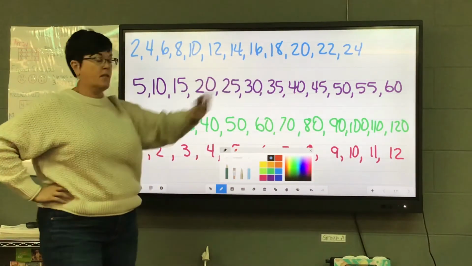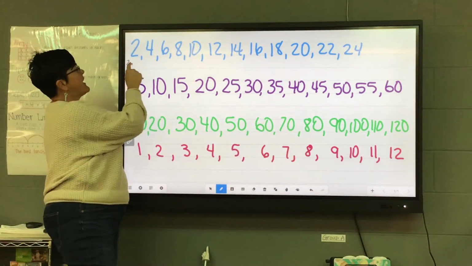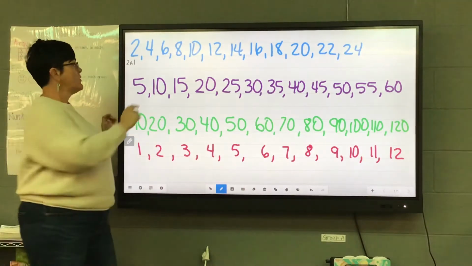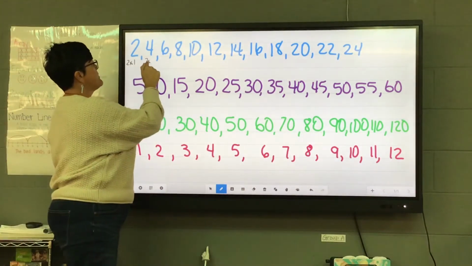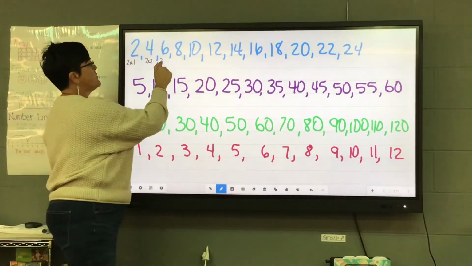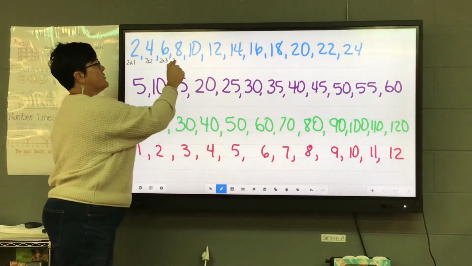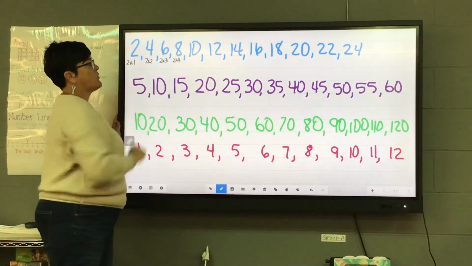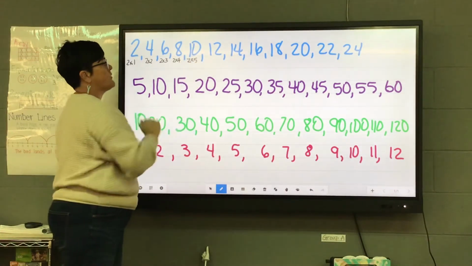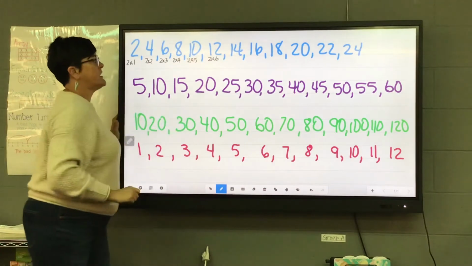Because remember, it's like saying 2 times 1 equals 2. 2 times 2 equals 4. 2 times 3 equals 6. 2 times 4 equals 8. 2 times 5 equals 10, 2 times 6 equals 12.